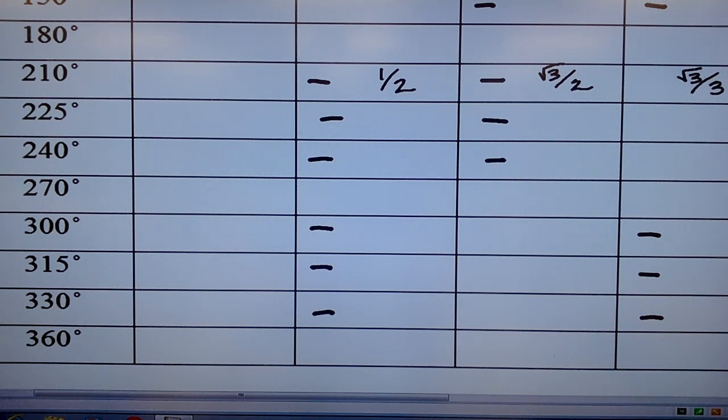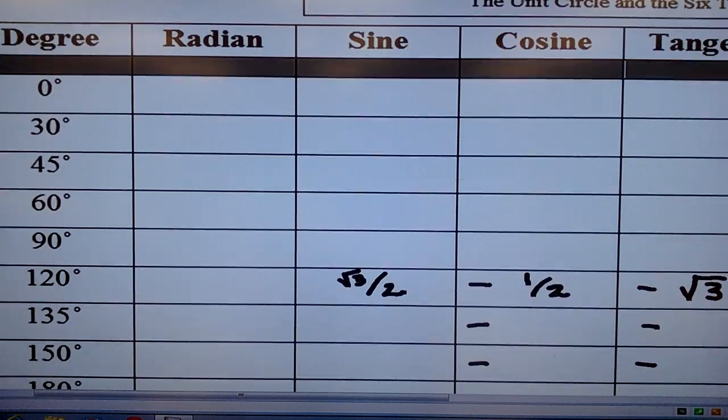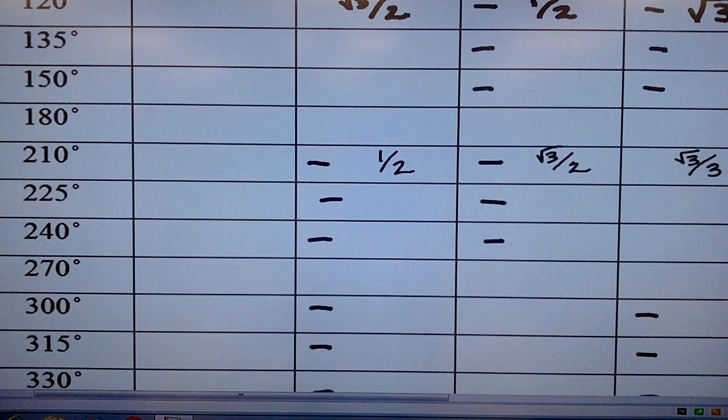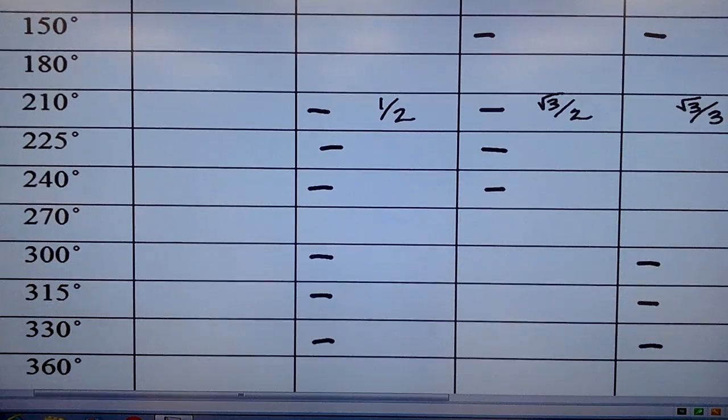Perfect. So now I want to go back to my first quadrant, and look at my values for sine, cosine, and tangent of 45 degrees, and I'm going to place those same values in quadrant 4 for 315 degrees. So sine of 45 degrees was radical 2 over 2.